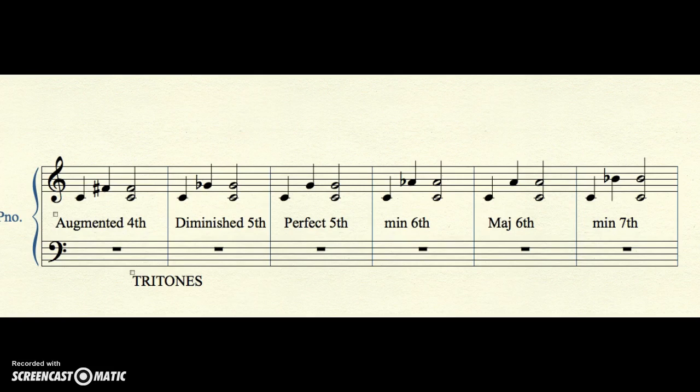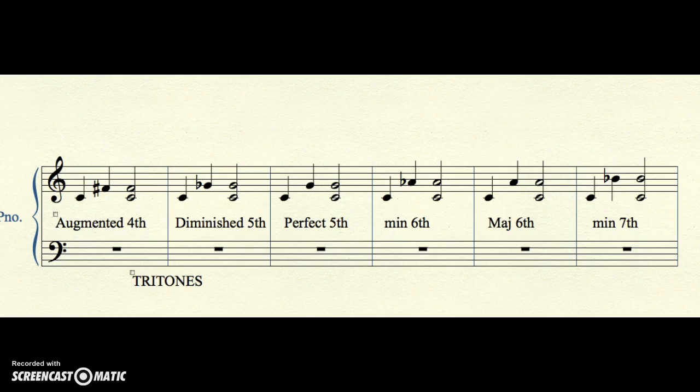Okay, so now we're going to move on to the perfect fifth, which sounds lovely. It is, again, one of the very nicest sounding intervals of all, so we are going to call it consonant, unlike the dissonant tritone. Okay, so that one sounded quite lovely.